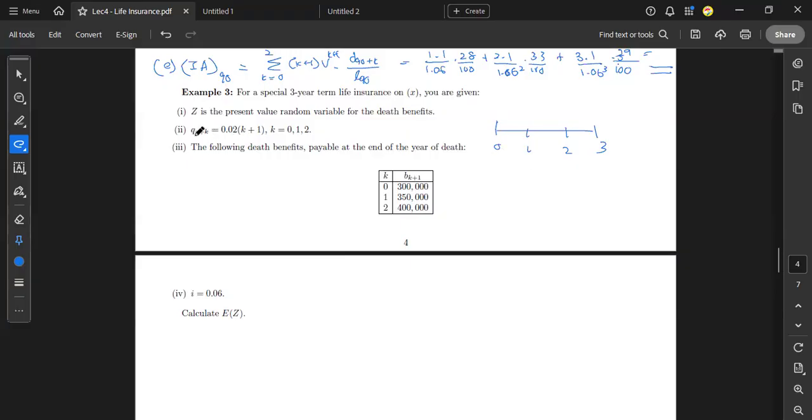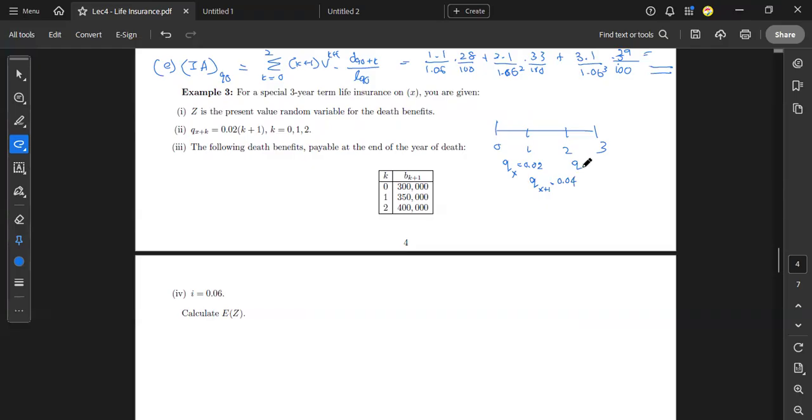So that means when k is equal to 0, this q_x is equal to 0.02, and when k is equal to 1, this one is 0.04.